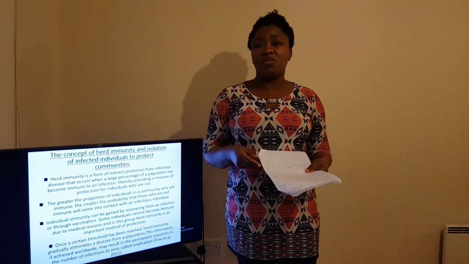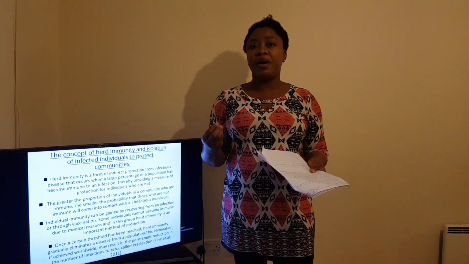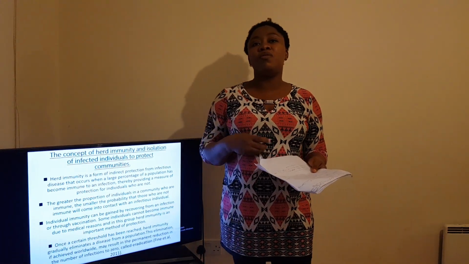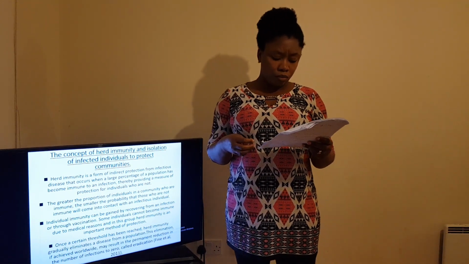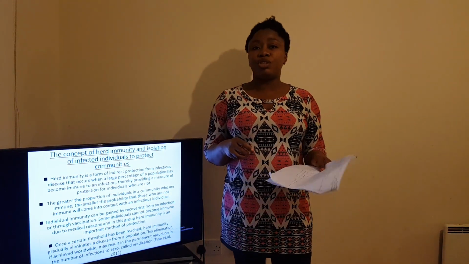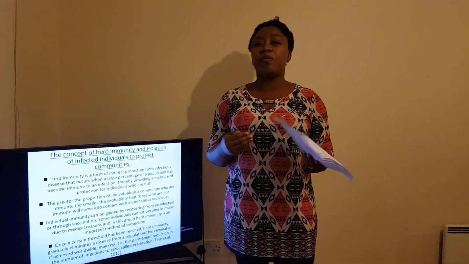Some individuals cannot become immune due to medical reasons, and in this group herd immunity is an important method of protection. And also, once a certain threshold has been reached, herd immunity gradually eliminates a disease from a population.